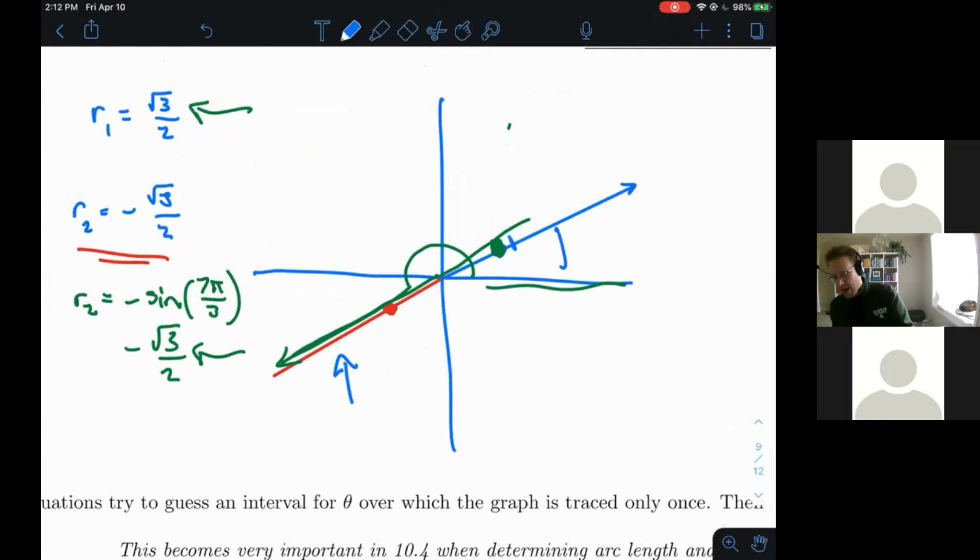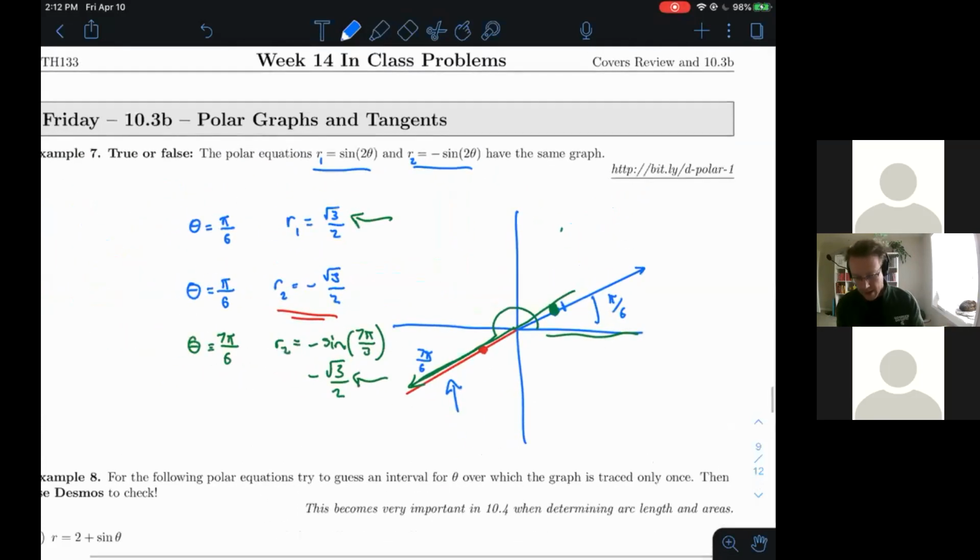So I was looking at pi over 6 originally, and I took steps out in the positive direction. But when I was looking at 7 pi over 6, so I added 180 degrees, or pi radians, notice that going backwards took me to that same point. So the question, and how I'm going to solve this problem here, is that we have to account for 180 degrees and going backwards, right?